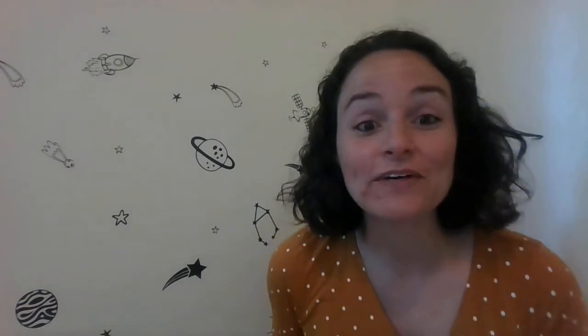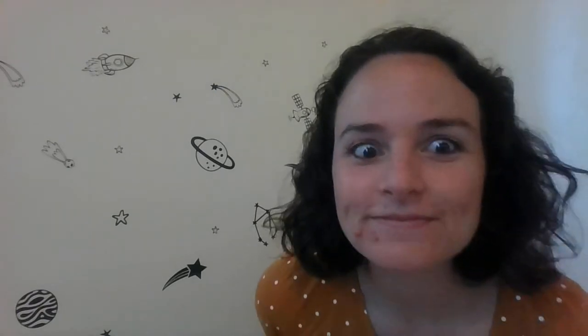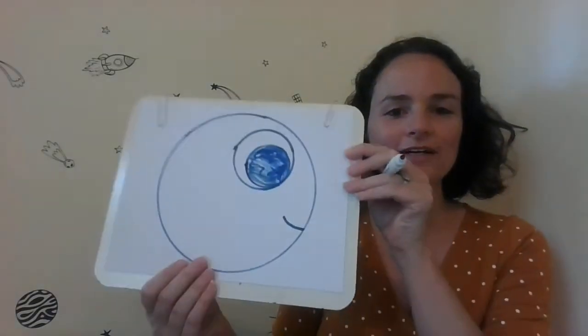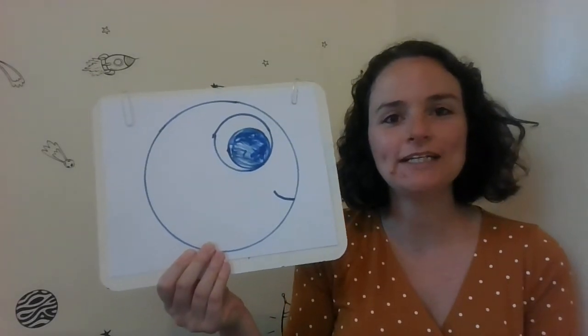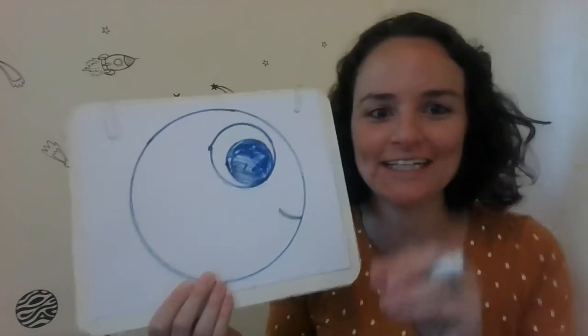Because when we look at our eyes, because we're animals too, we have a big circle and then a smaller circle that's colored in. What color are your eyes? My eyes are brown. Some of you might have blue eyes or green eyes. You might have brown eyes like mine. There we go. Now our fish can see what he needs to eat, and he might see any predators, any animals that are trying to get him.